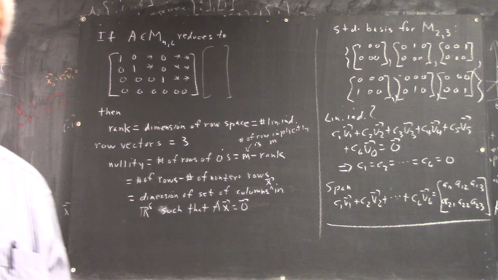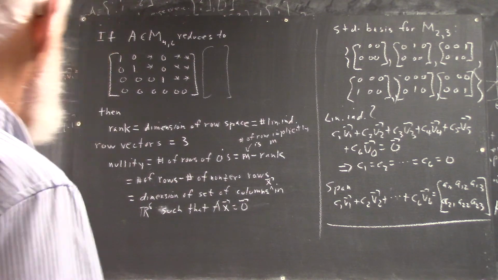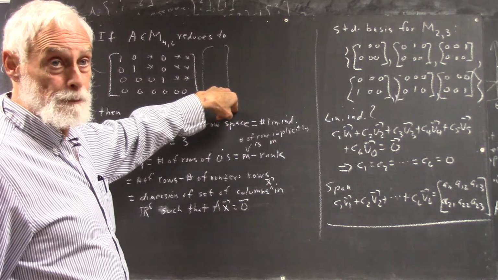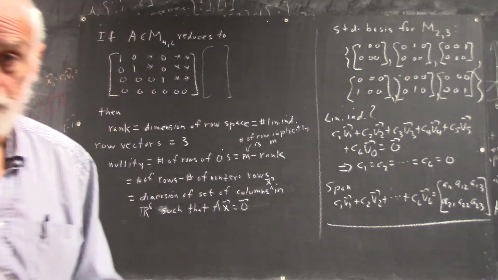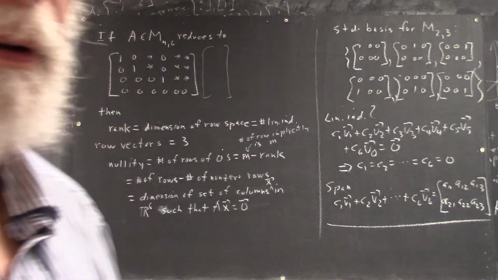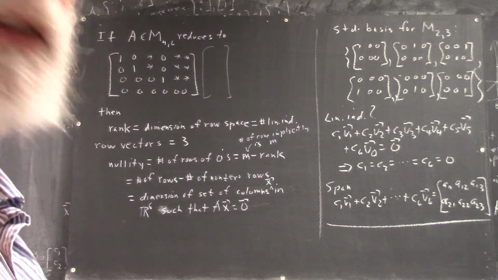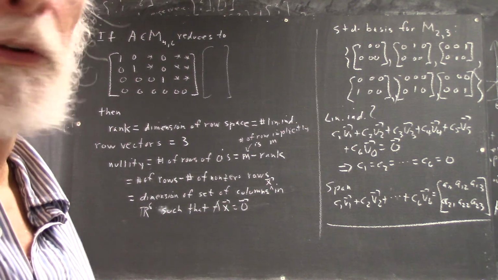That's what the nullity is. Okay? It's the dimension of the set of vectors that this thing maps to 0. Okay? So, it's a very important picture, essential for understanding the things you need to understand about vector spaces, and essential in numerous applications.